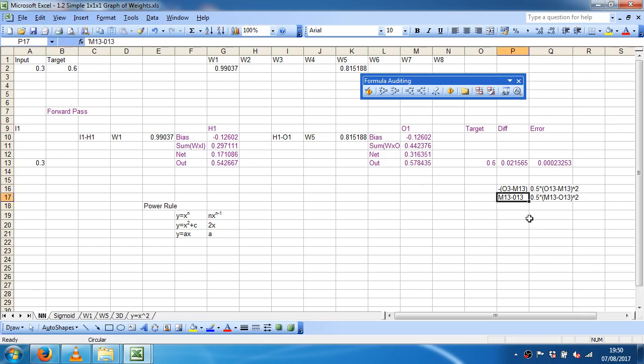And here, all the way through, M is the output, and O13 is the input. So I can write that equally as either minus the target minus the output, or just the output minus the target.